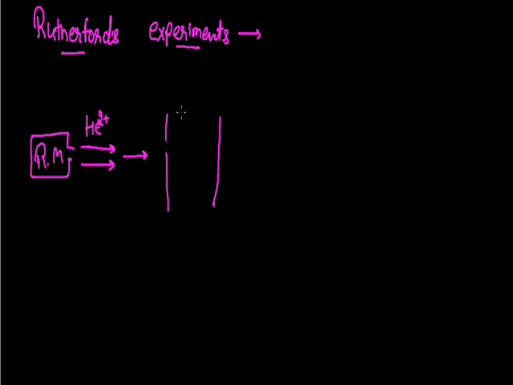The results that were seen are known as the observations of Rutherford's experiment. After the collision with the gold foil, to observe where these alpha particles go, we cover the gold foil with a thin sheet coated with zinc sulfide.